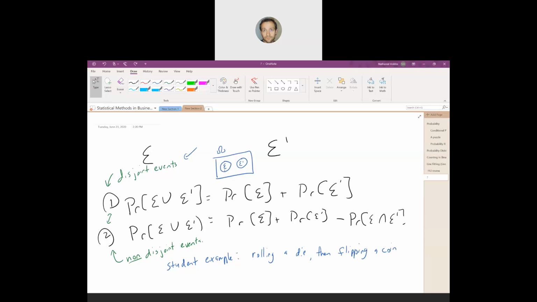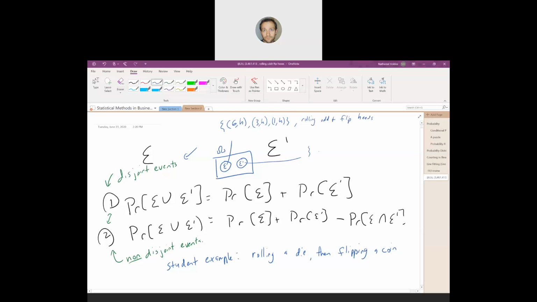So, for example, this might be 6 heads and 3 heads and 1 heads. So, rolling odd and flip heads.